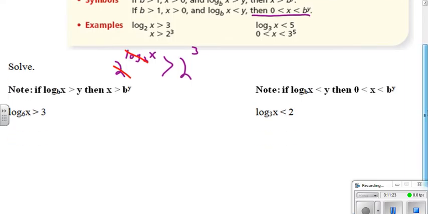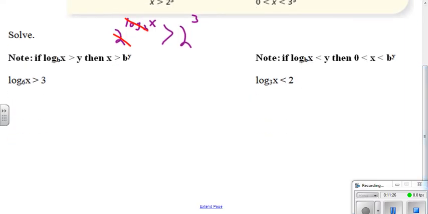So if we wanted to try a couple examples here, if we have log base 6 of x is greater than 3, like I said, we put both sides to the power of 6, and that would cancel out. So we'd have x is greater than 6 to the power of 3, and then we'd say x is greater than 216.